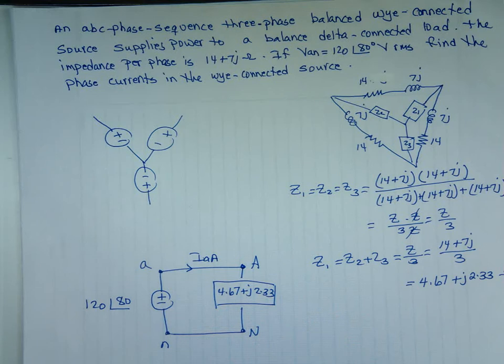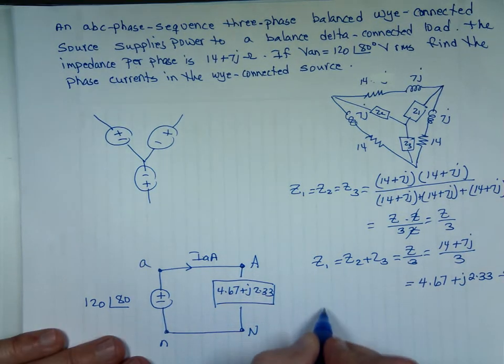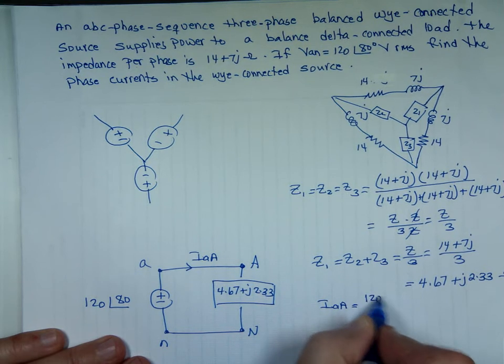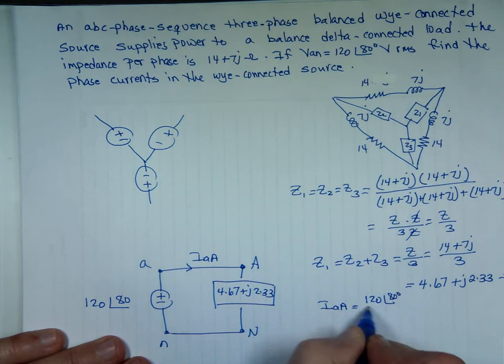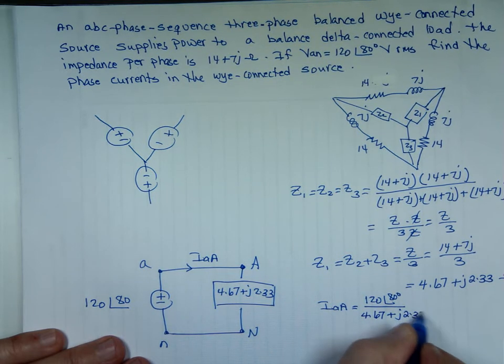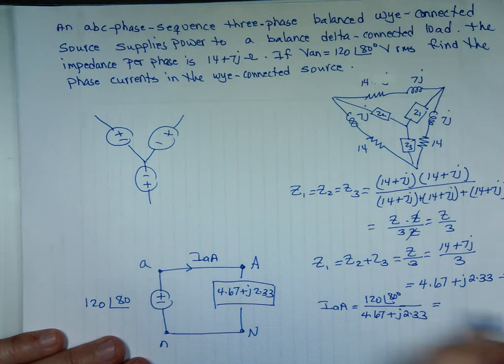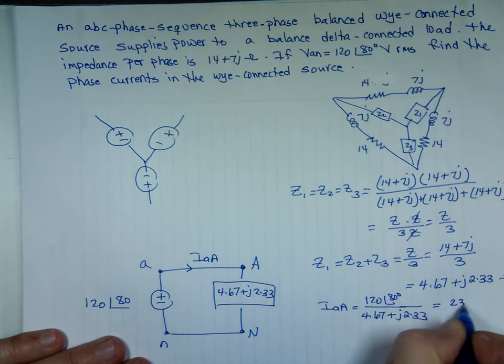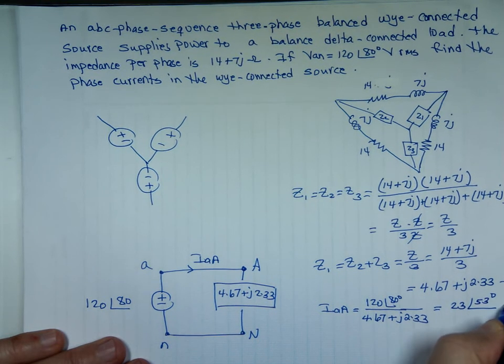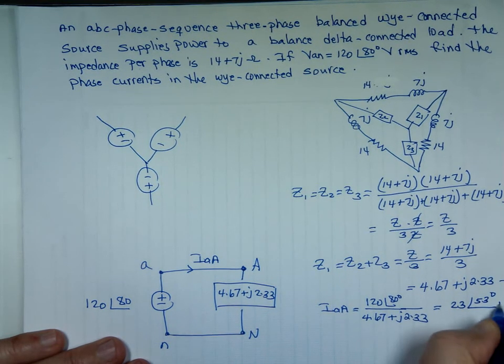So quick math here. You'll have I sub aA is equal to 120 angle 80 divided by what? 4.67 plus j2.33. And what do you have? You have 23 angle roughly 53 degrees, RMS amps.